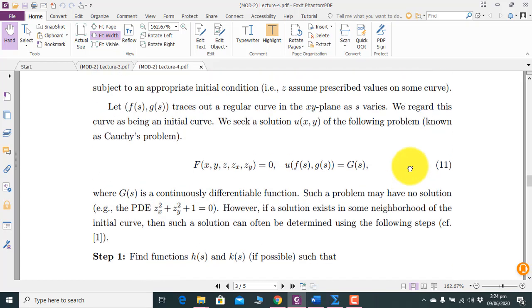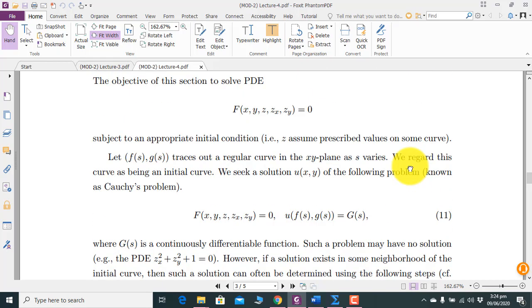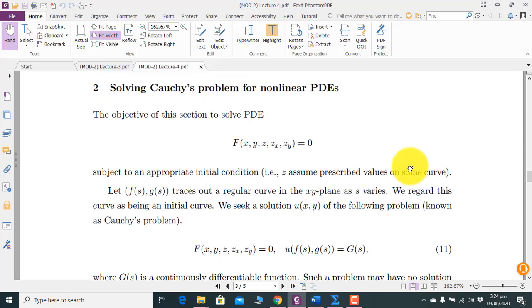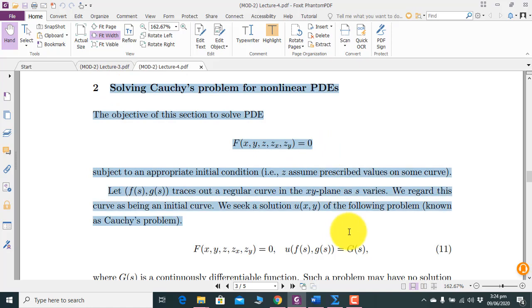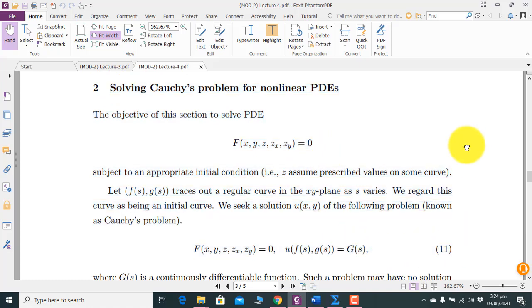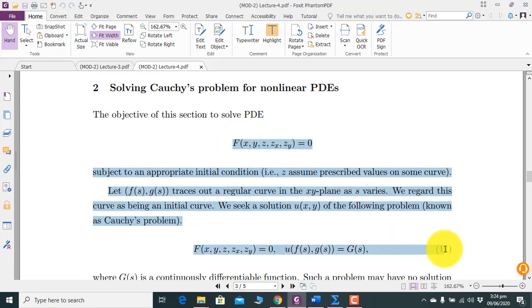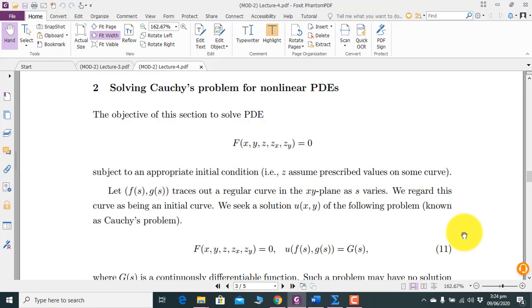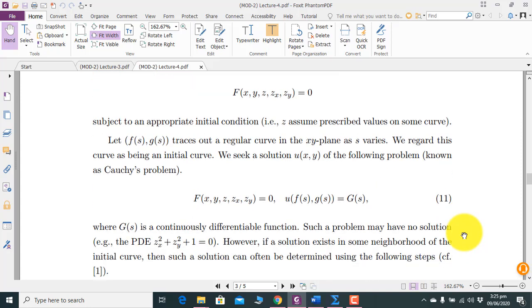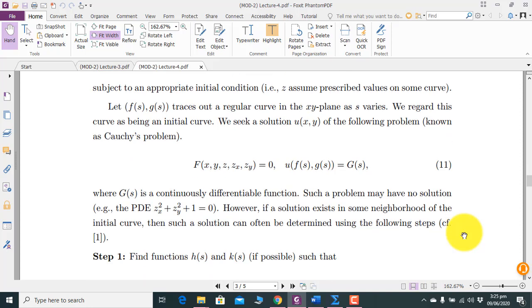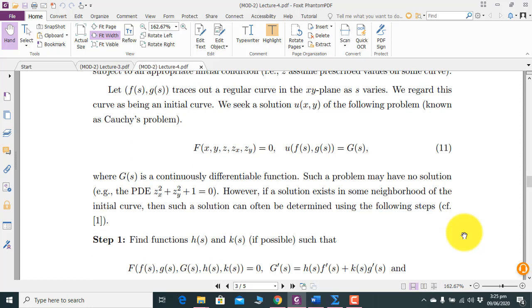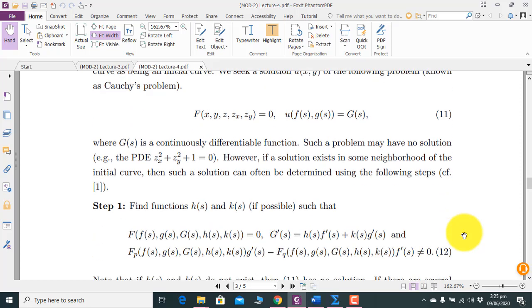I am trying to explain the method of characteristics for an initial value problem with an example. Instead of solving separately, I will solve a question with an initial value problem, or Cauchy problem, for a non-linear partial differential equation, and with the example we will study how we implement the method of characteristics on an initial value problem.